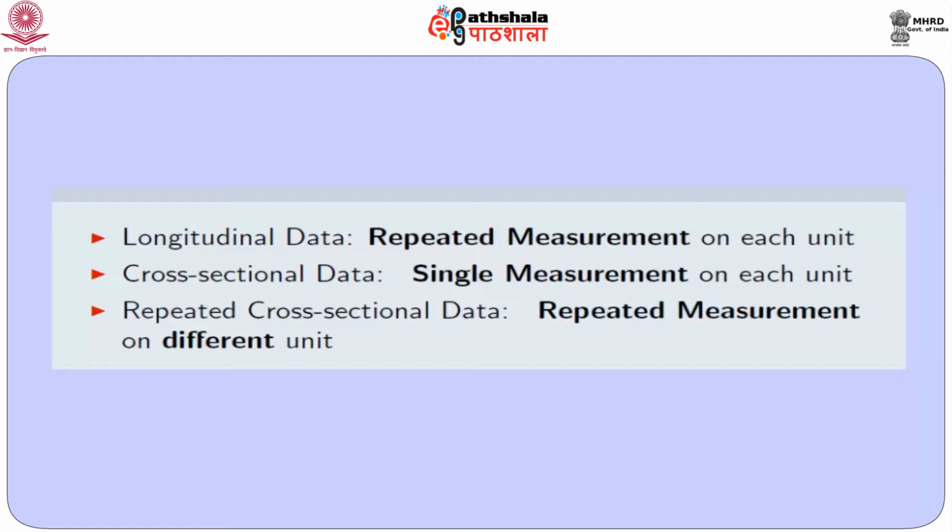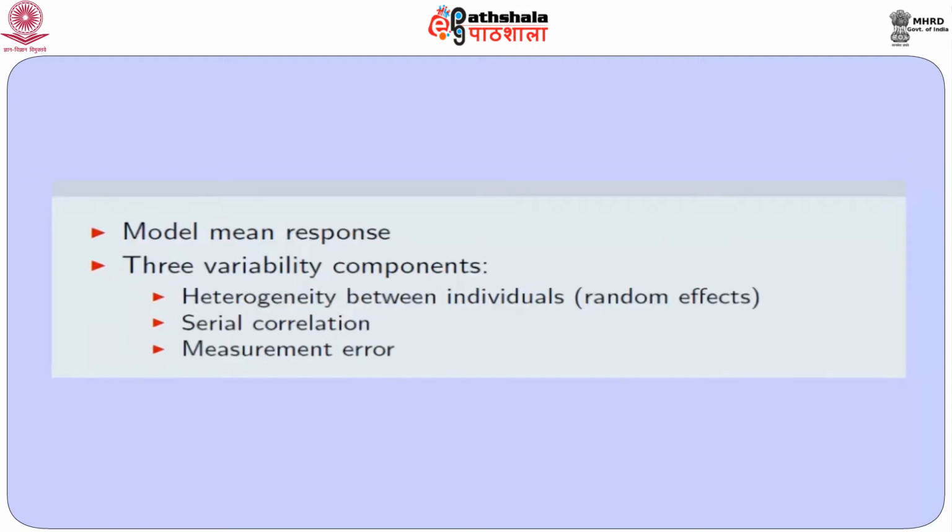Now, what are the advantages of longitudinal data? The first advantage is that we can model the mean response with time and covariates. But there is another advantage. Longitudinal data allows us to model the variability, and variability creeps in by the very nature of the longitudinal design.